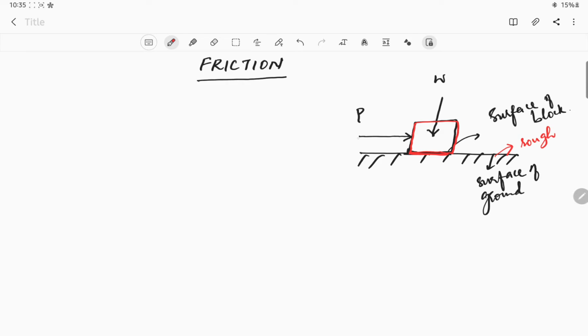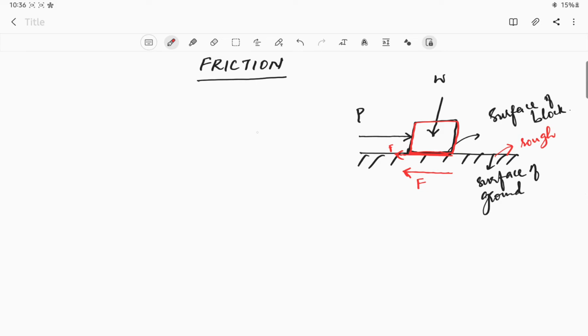Frictional force will act at this location, F, but to understand that, we will show it at the bottom. So this is nothing but your frictional force.